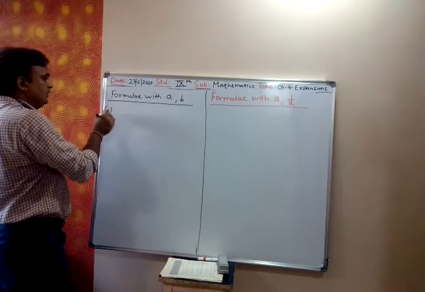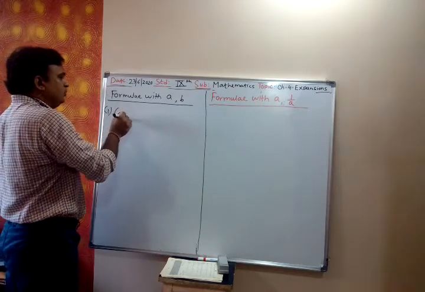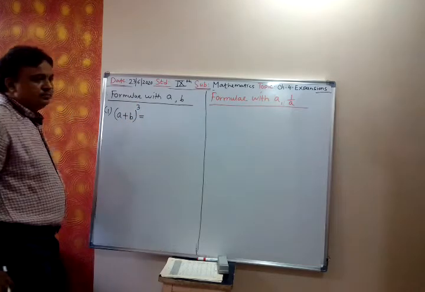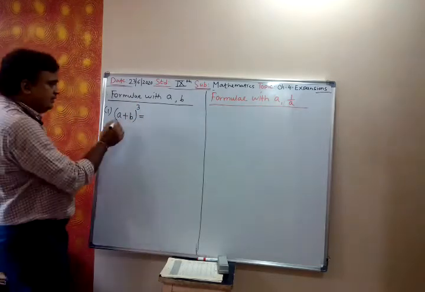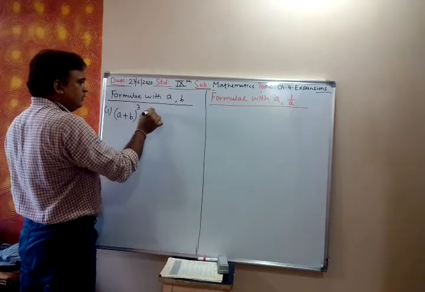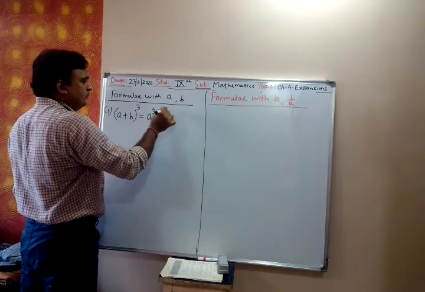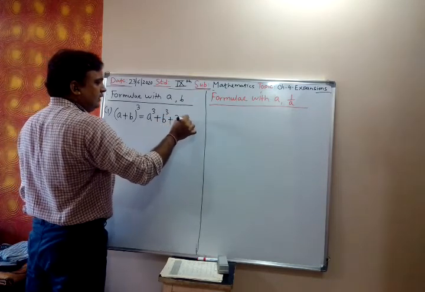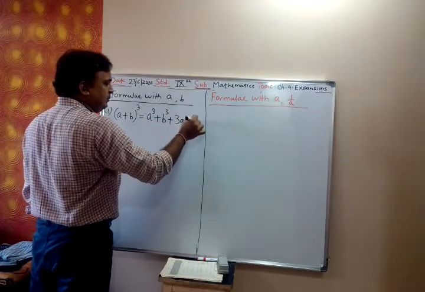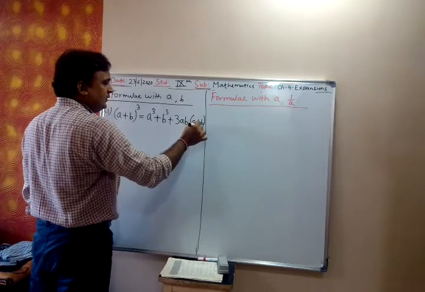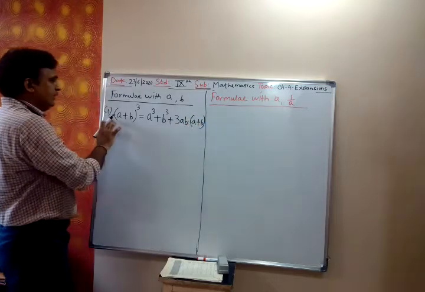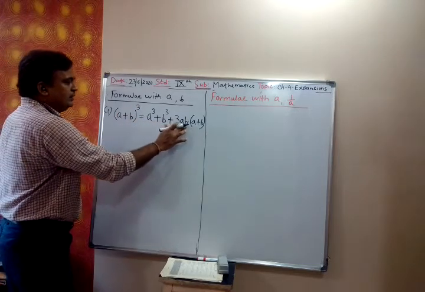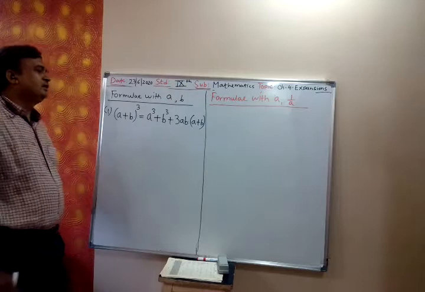First, a plus b whole cube is a cube plus b cube plus 3ab into bracket a plus b.